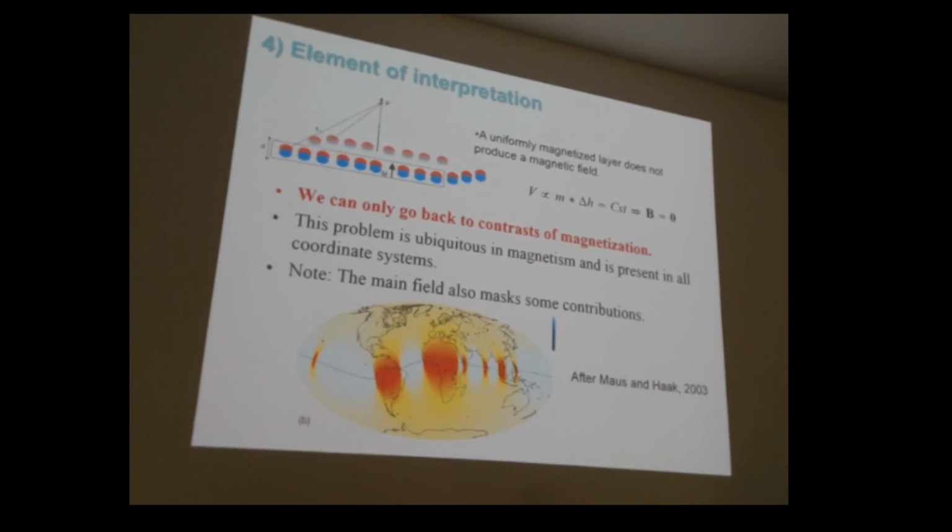Then you can show that the g_lm, which are the spherical harmonic Gauss coefficients, are actually dependent on the c_lm.